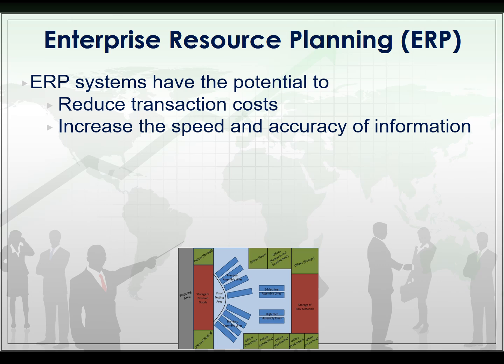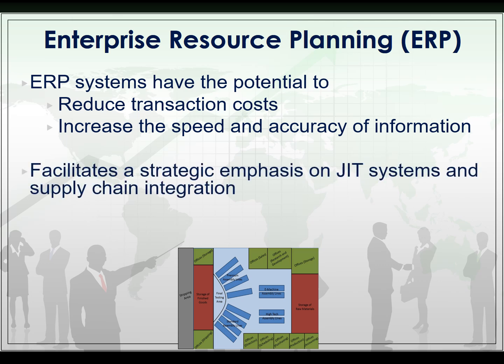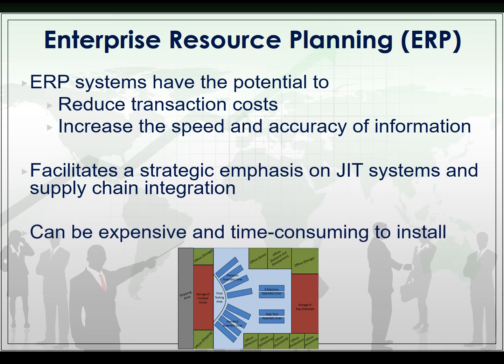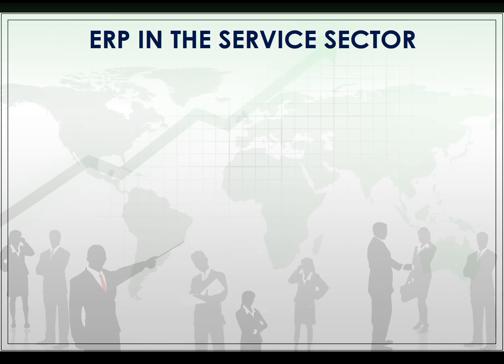They have the potential to reduce transaction costs and increase the speed and accuracy of information. It facilitates a strategic emphasis on just-in-time systems and your supply chain integration. But it can be expensive and time-consuming to set up and install. But once it's running, it's much better than MRP.